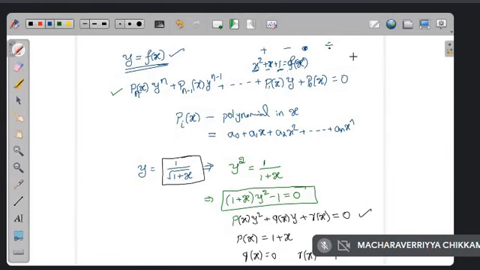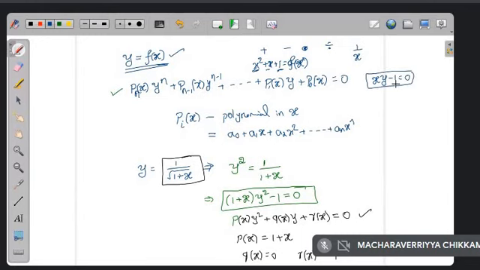Similarly, you can take 1 by x. It's also an algebraic function because I'm just dividing. If you want me to fit this in the definition, we can put x y minus 1 equal to 0.